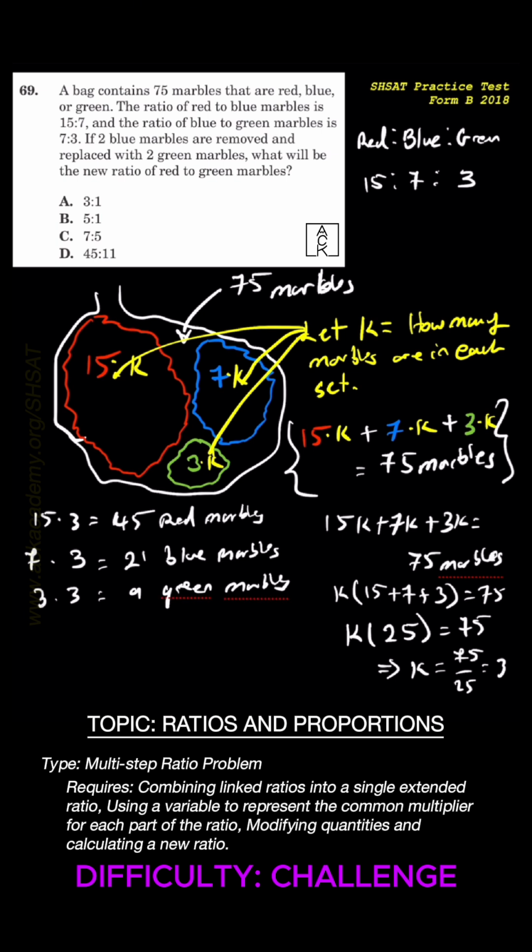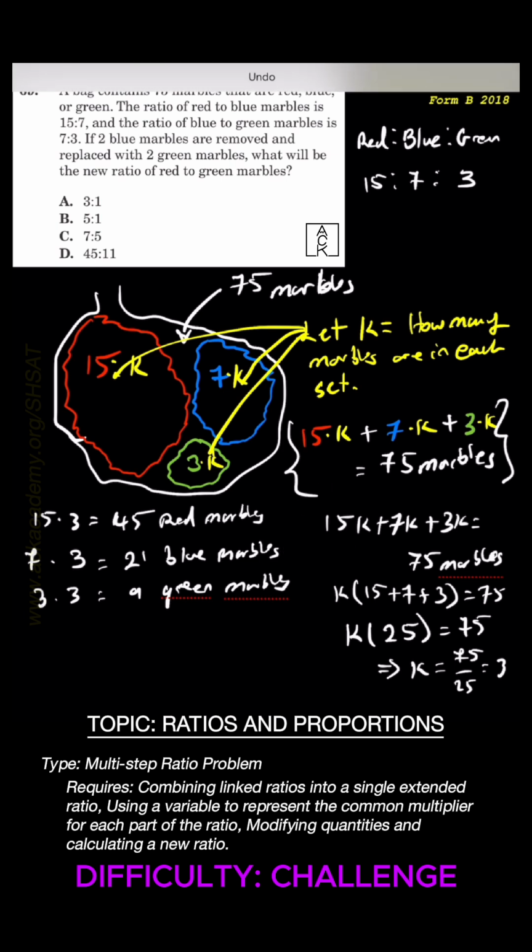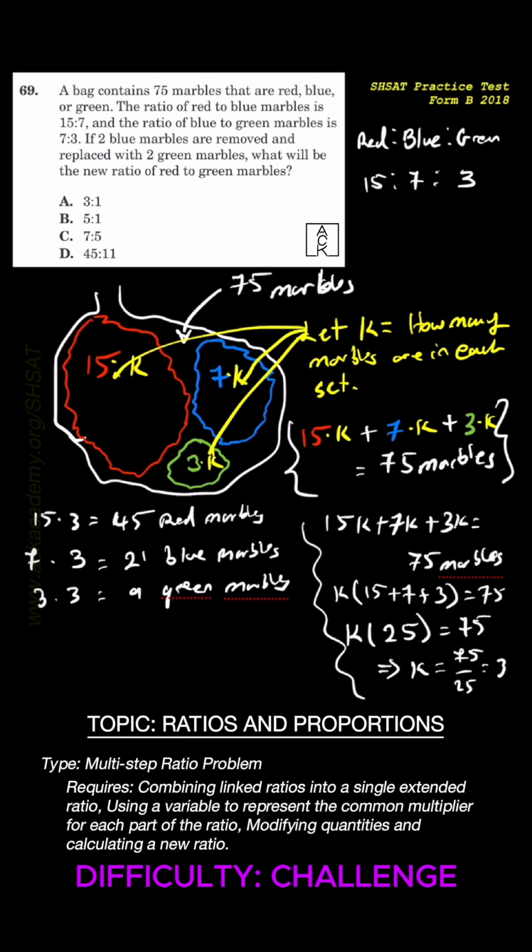Now the question is saying, if 2 blue marbles are removed and replaced with 2 green marbles, what will be the new ratio of red to green marbles? Okay. So, if we remove 2 from 21 blue marbles, we are left with 19 blue marbles.